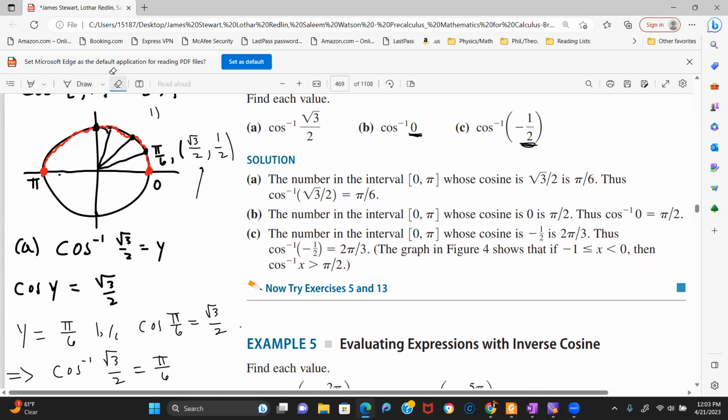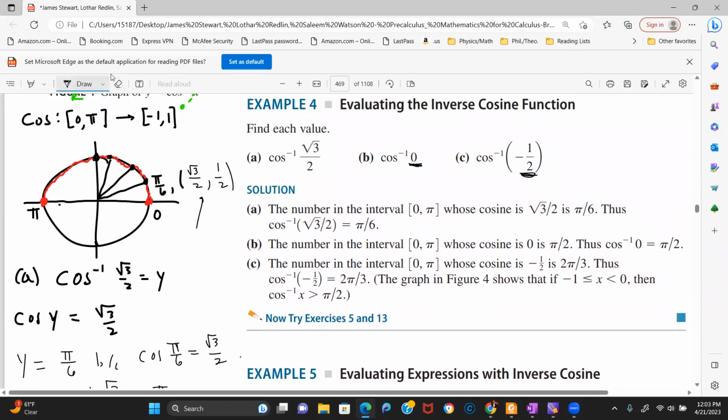I'm going to get rid of the pi over 2 because I don't need it any longer. But this one right here is going to be pi over 3. And if you consult your unit circle, which you should definitely remember, it's going to be 1/2, root 3 over 2.